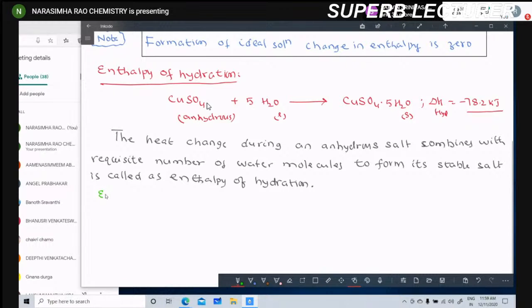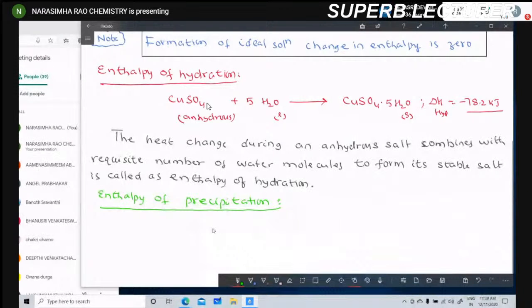Enthalpy of precipitation. Hydration enthalpy is exothermic, sir? Yes, it is always exothermic. Enthalpy of precipitation is also always exothermic.